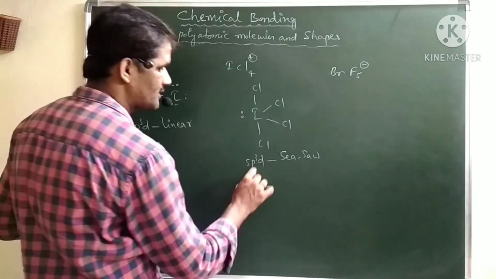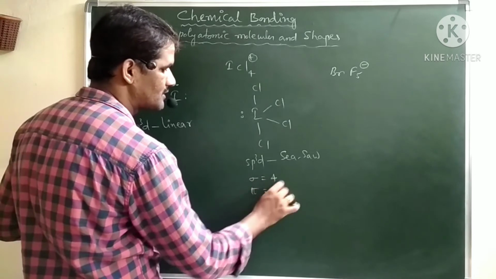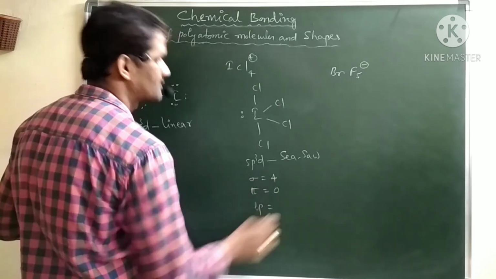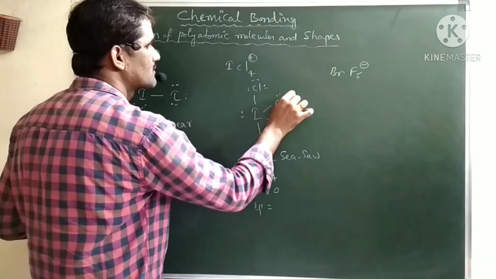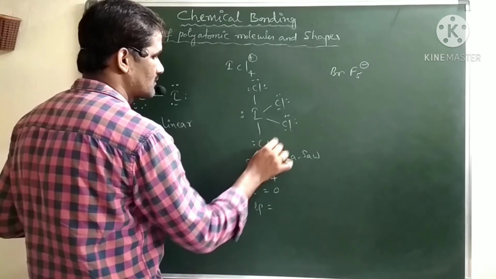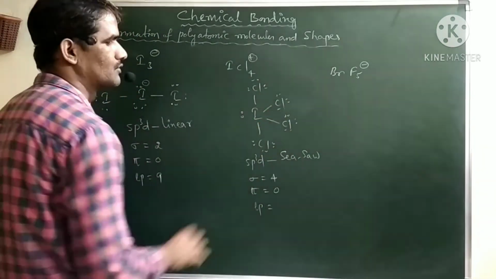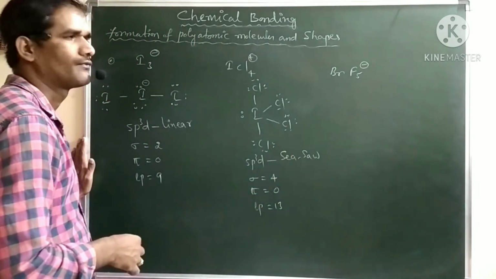Counting again: 4 sigma bonds, 0 pi bonds. Each terminal atom carries 3 lone pairs, so 4 times 3 is 12, and 1, 13 lone pairs on IClO4 plus.